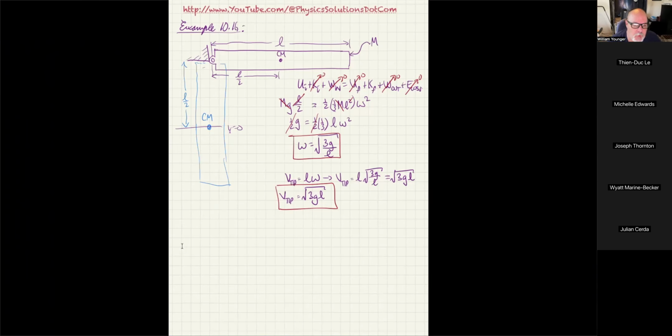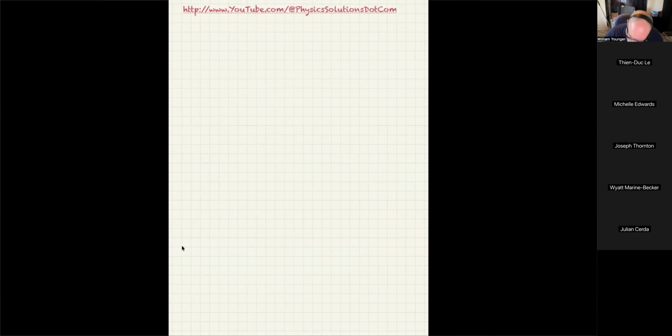So the rolling without slipping is that v equals r omega thing. I kind of want to work example 10.17, but I really need to work the next example a little bit more. Well, let's go ahead and do example 10.17.